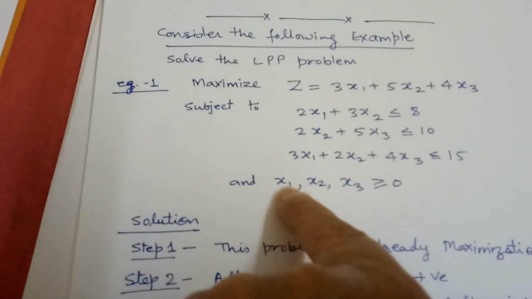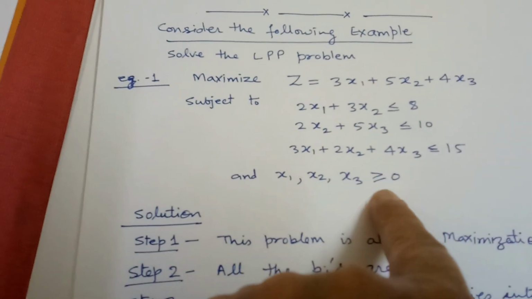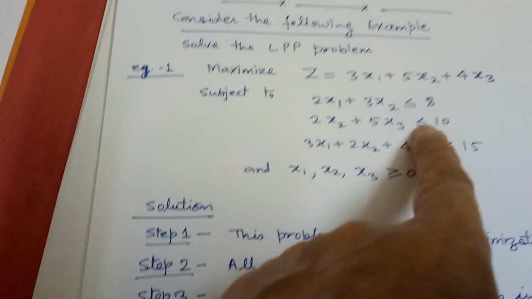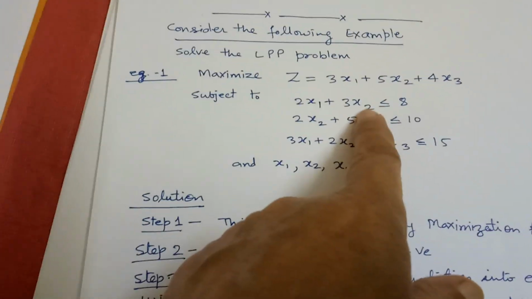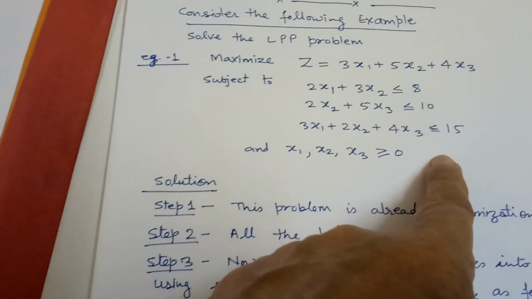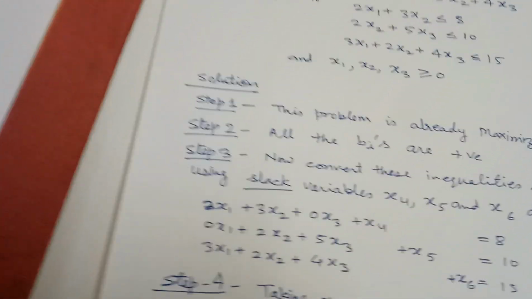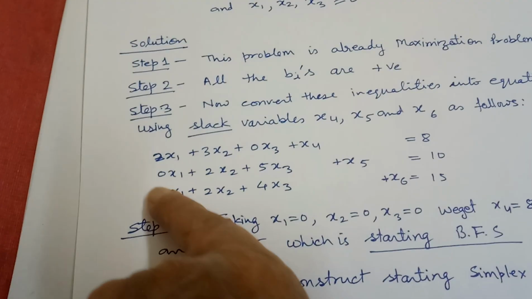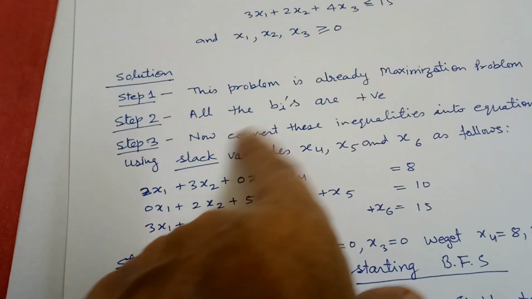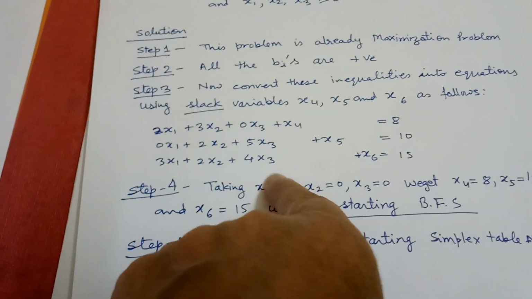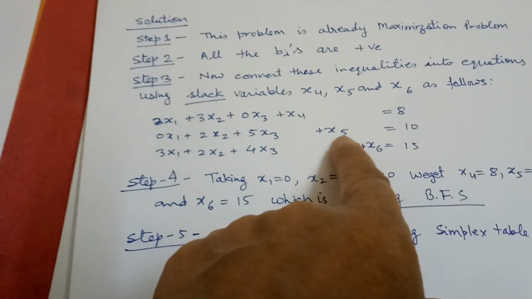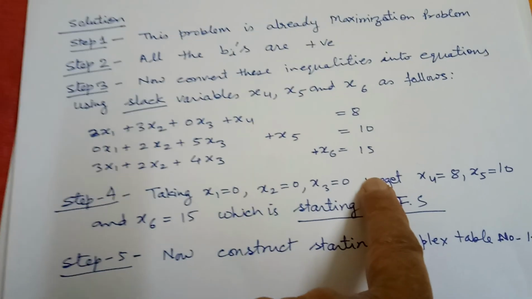We have original variables x1, x2, x3, then we add x4, x5, x6 to convert these inequalities into equations. So we get this type of matrix. Here x1, x2, x3 are original variables and x4, x5, x6 are slack variables.